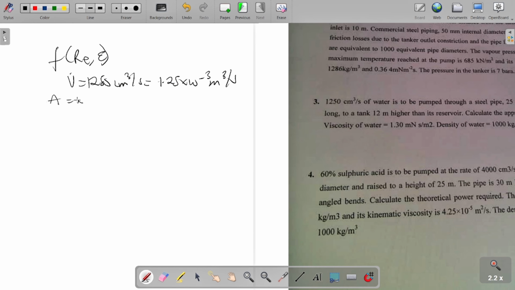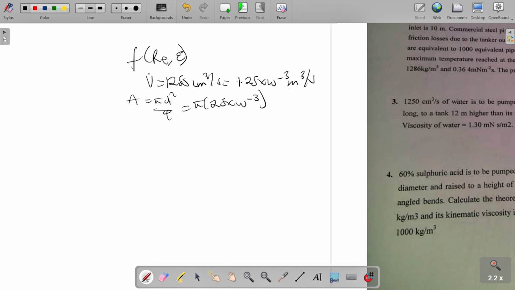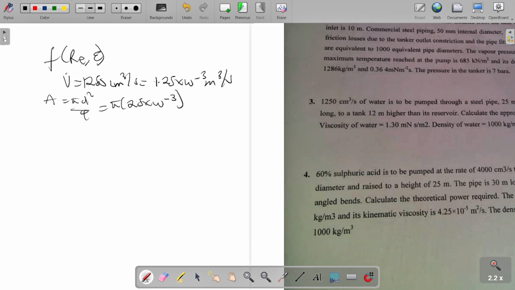So the area becomes pi d squared on 4, and the diameter was 25 millimeters, which is that value over there. So this one squared divided by 4, the area becomes 4.9087 times 10 to the power minus 4 meter squared.